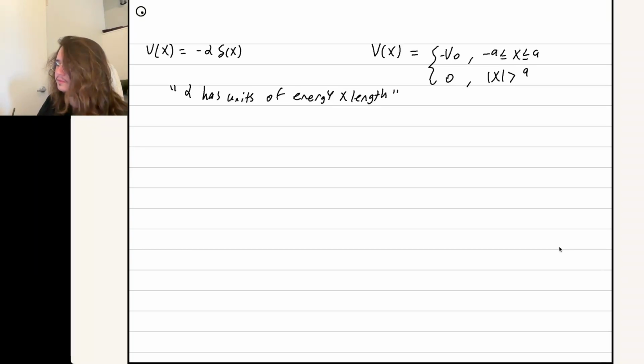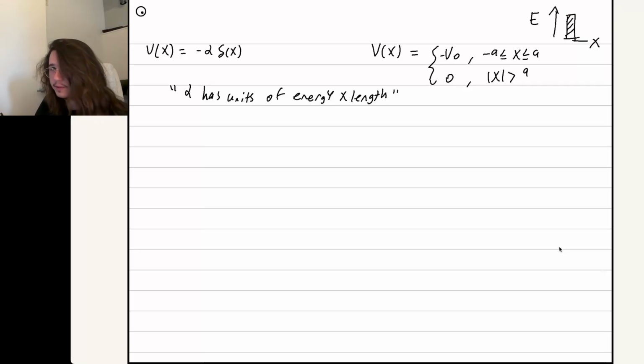Which means if you drew the delta function potential as a really thin rectangle on the position versus energy graph, then effectively alpha is the area of that rectangle, which is pretty cool. So we can treat alpha as an energy area.